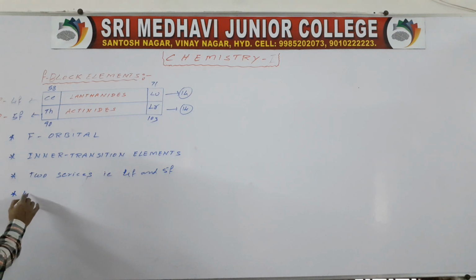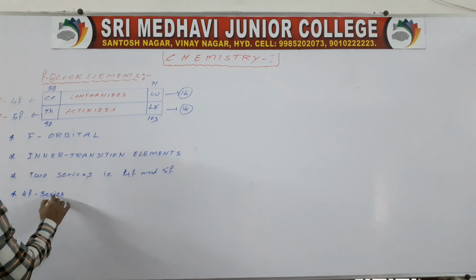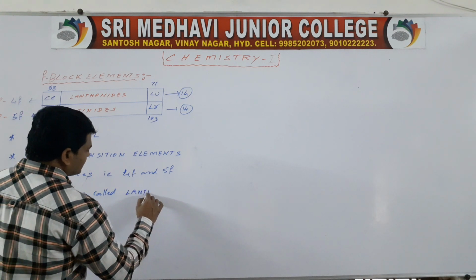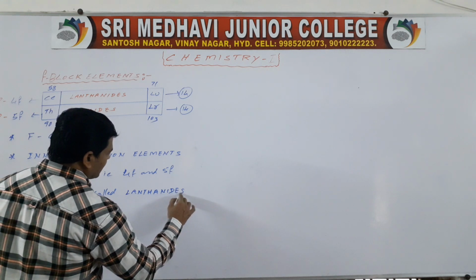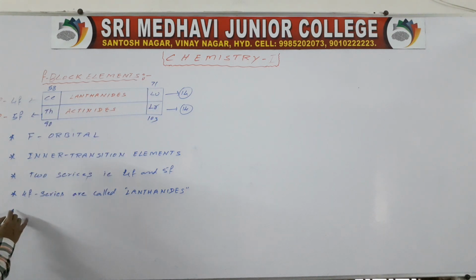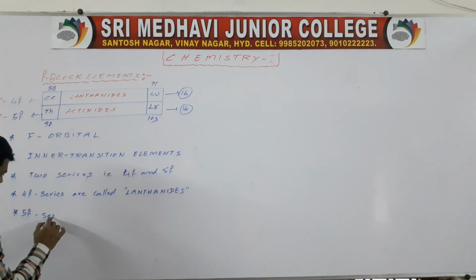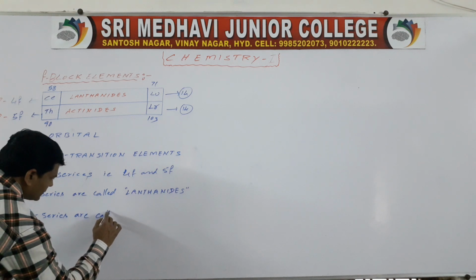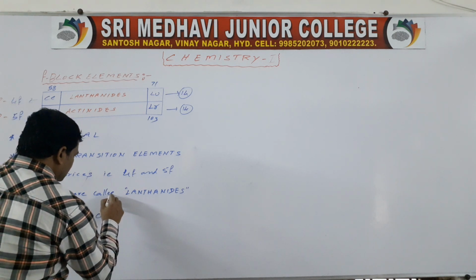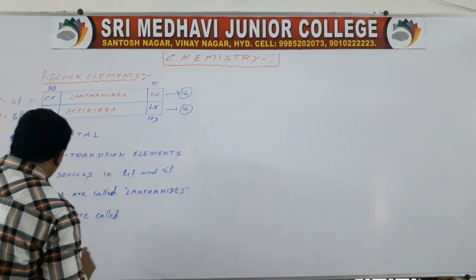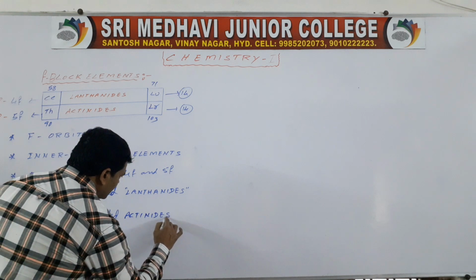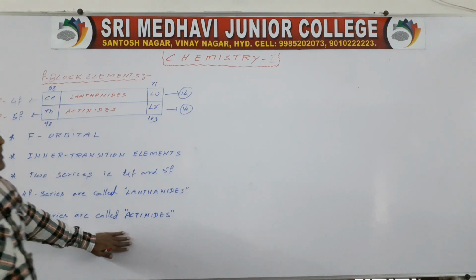The 4F series are called lanthanides, starting with cerium 58 to lutetium 71. The 5F series are called actinides.